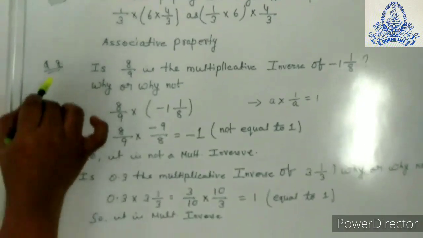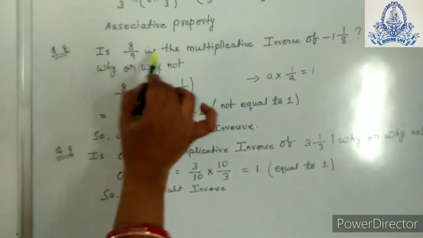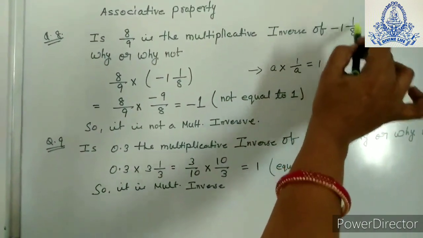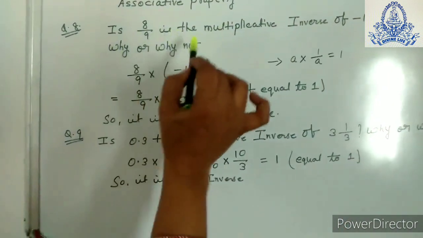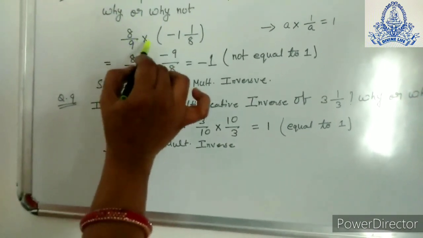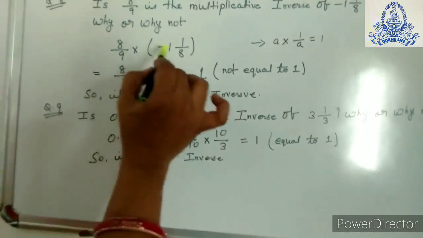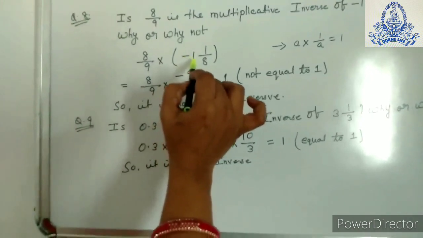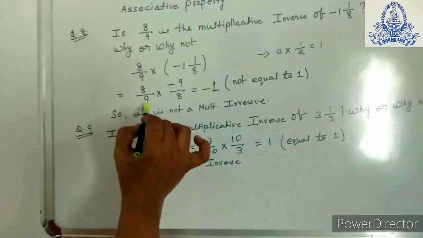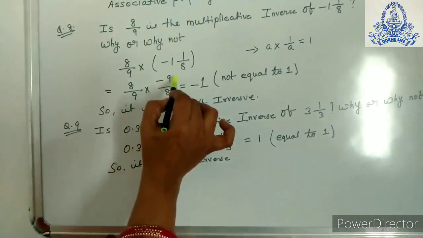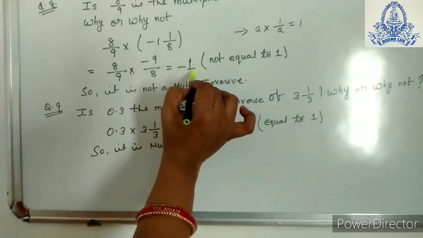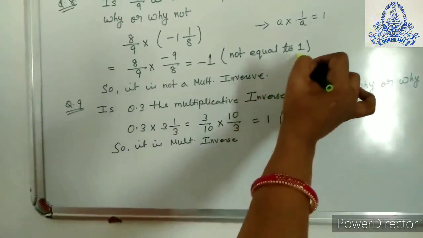In question number 8, is 8 upon 9 the multiplicative inverse of minus 1 whole 1 upon 8, why or why not? Now 8 upon 9 is multiplied with minus 9 upon 8, and the result is minus 1, but it is not equal to 1.